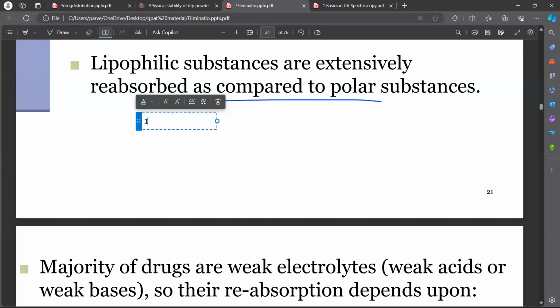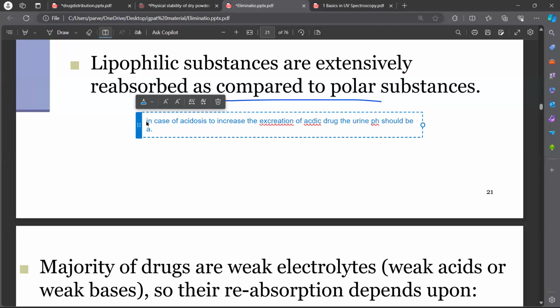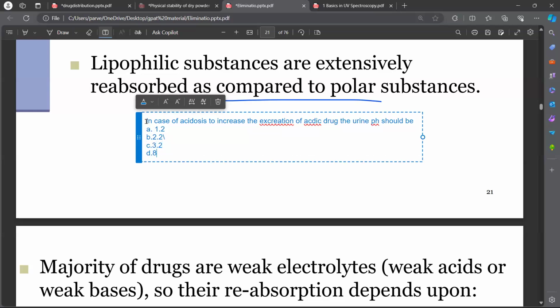In case of acidosis, to increase the excretion of an acidic drug, the urine pH should be: option A 1.2, option B 2.2, option C 3.2, option D 8.4.